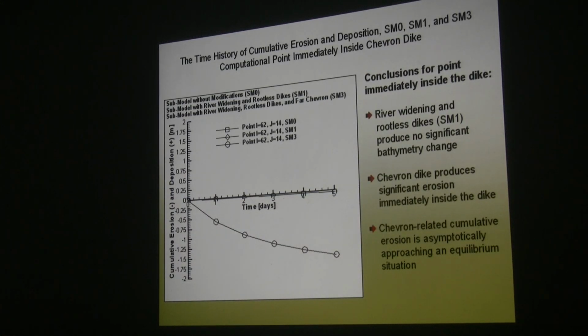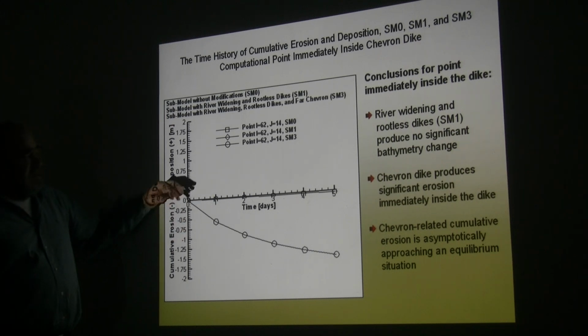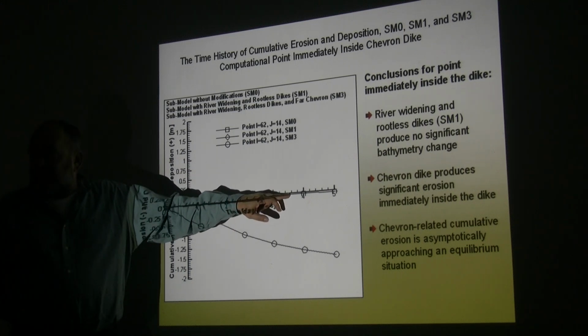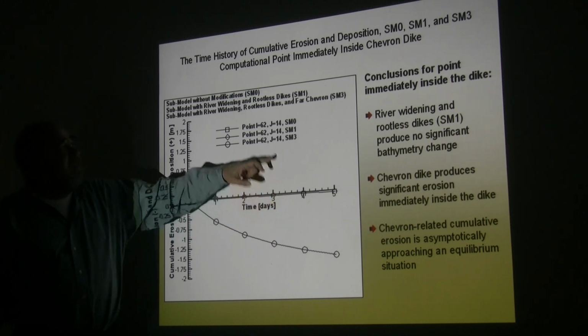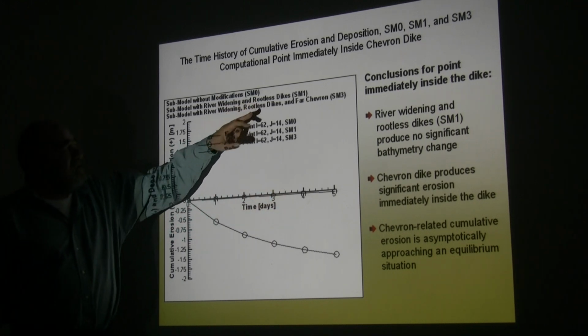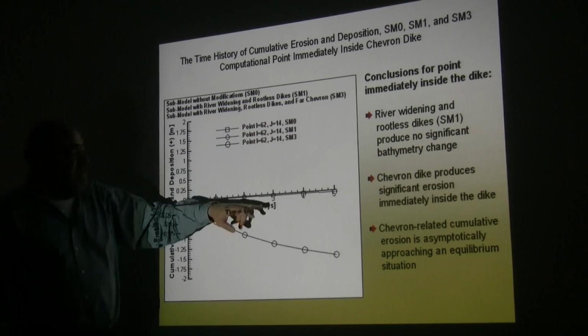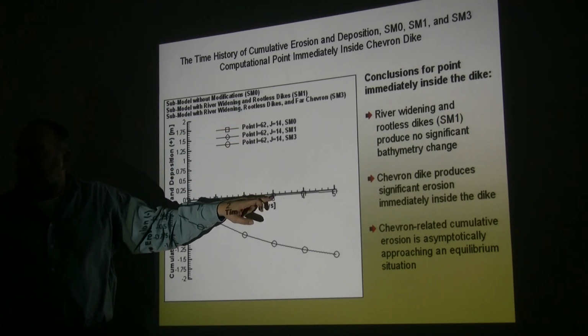This is for the point that's immediately inside the chevron dike. Results are given, this is a cumulative bed elevation change. Results are given for the original situation without any of those modifications, for the first set of modifications, widening and dikes, and then for the combination of those two with the chevron. We can see that the widening and rootless dikes don't produce any effects.